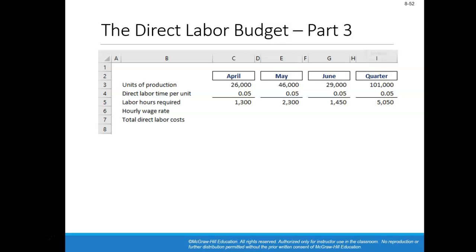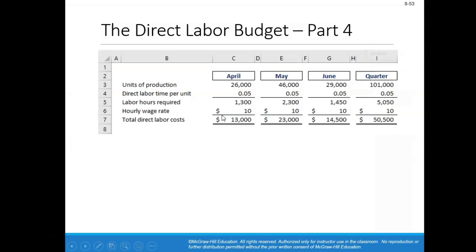All right. So this is showing the labor hours required to make the units needed for each month. And the hourly rate of pay is going to be $10 per hour. So now here you have our direct labor cost. So the total direct labor cost for the second quarter is $50,500.